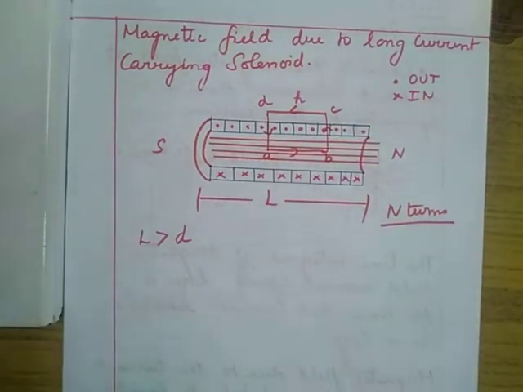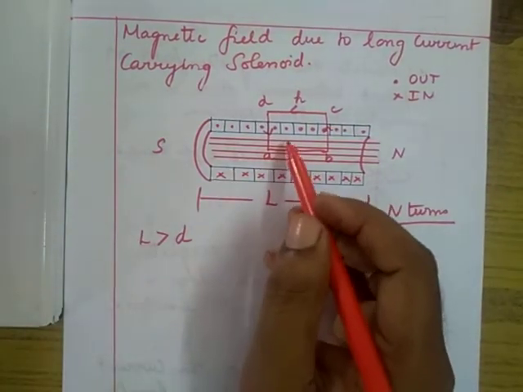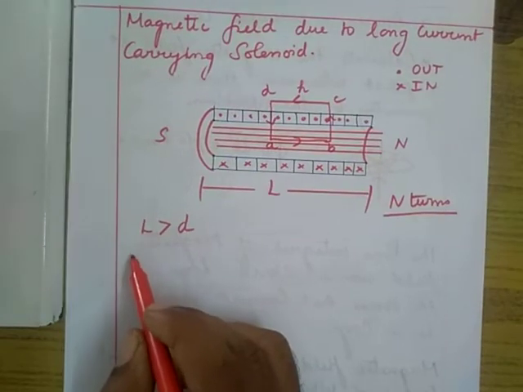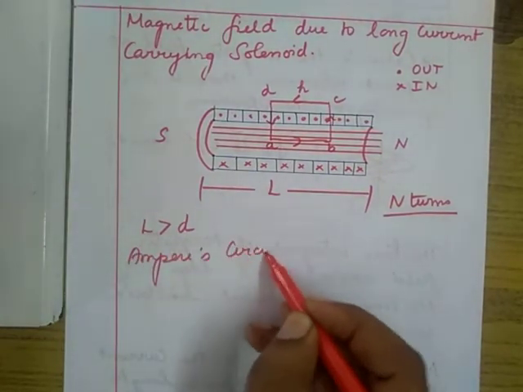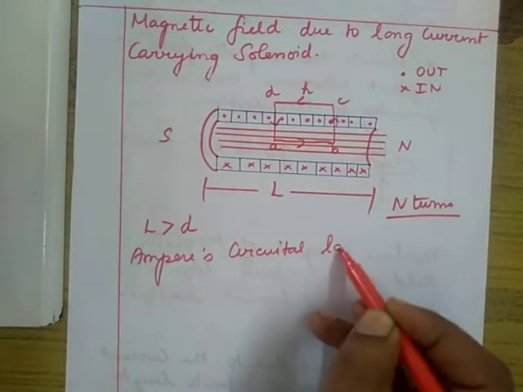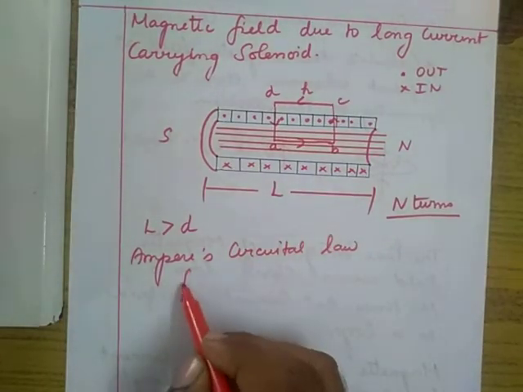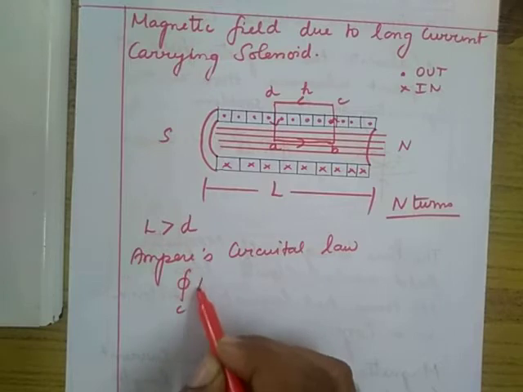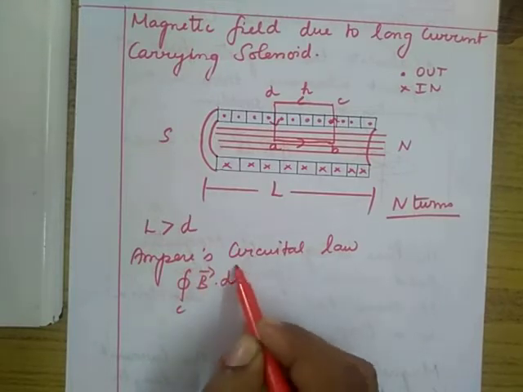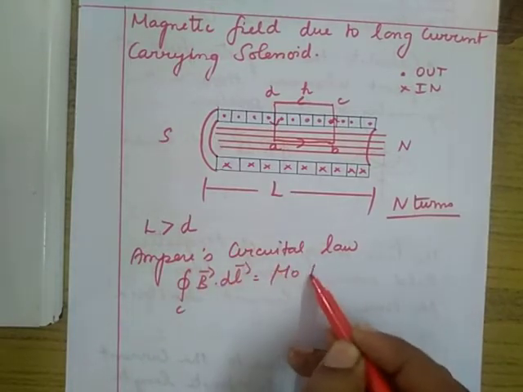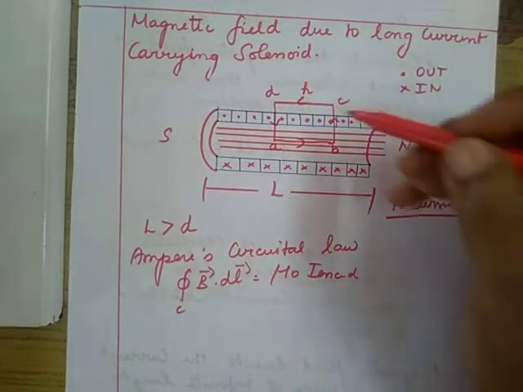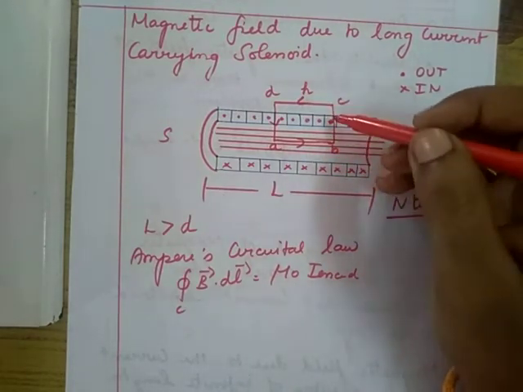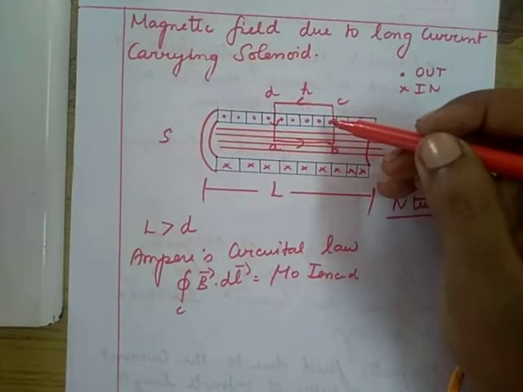For that loop I am applying Ampere's circuital law. Ampere's circuital law states that the closed integral of B vector dot dl vector is equal to mu naught I enclosed, where I enclosed is the current enclosed by the Amperian loop.